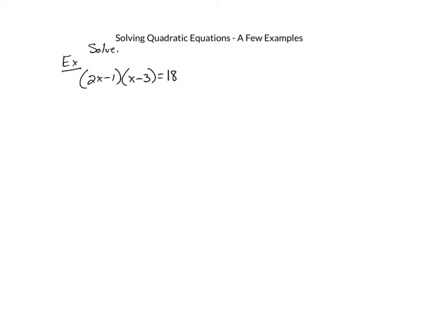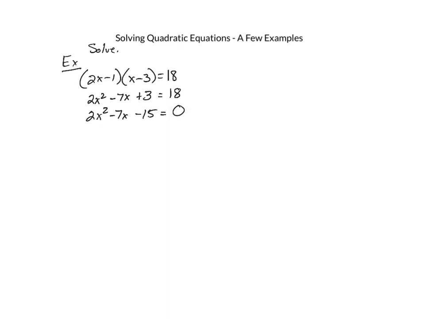So when you FOIL these two binomials together, we'll have 2x squared. We have a negative 6x on the outside and a negative 1x on the inside. That's -7x + 3, and that will equal 18. Now let's set it equal to 0. So we have 2x² - 7x - 15 = 0.